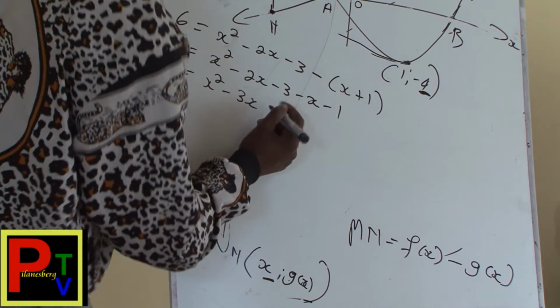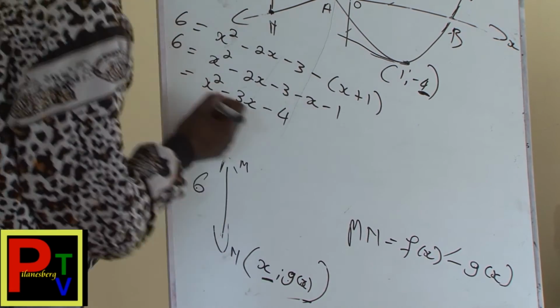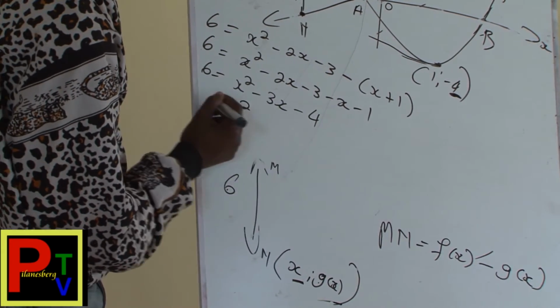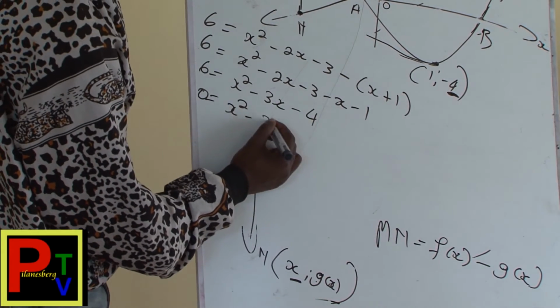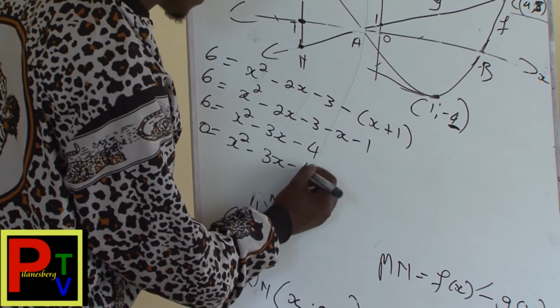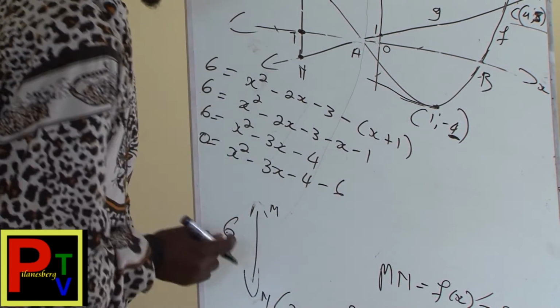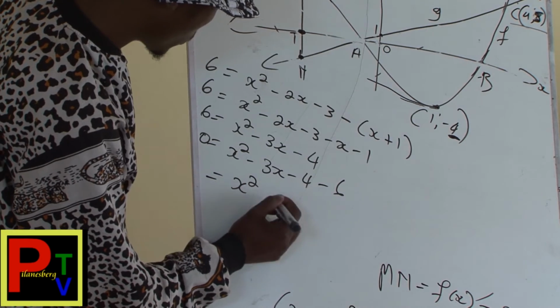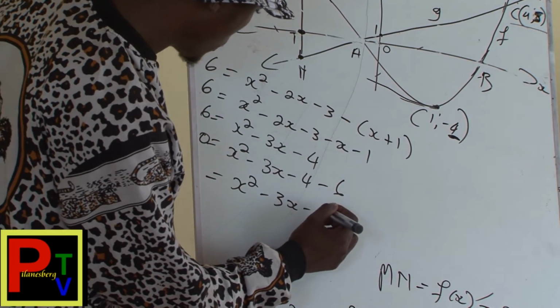Negative 3 minus 1 is negative 4. If we transpose the 6, we get x squared minus 3x minus 4 minus 6, which is x squared minus 3x minus 10.